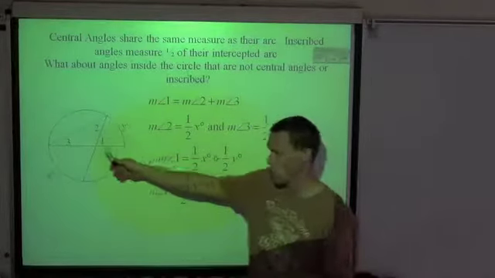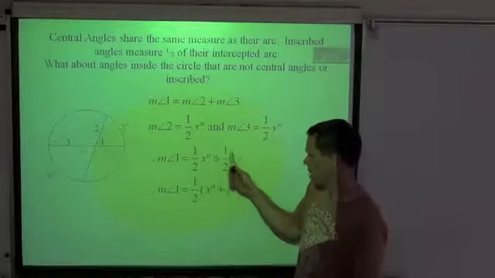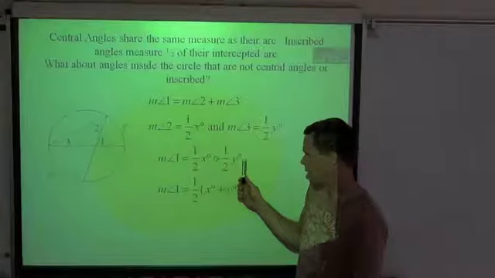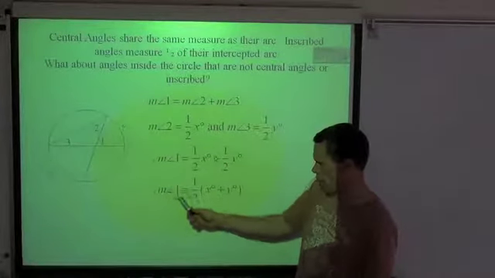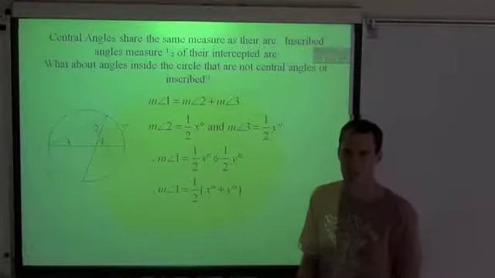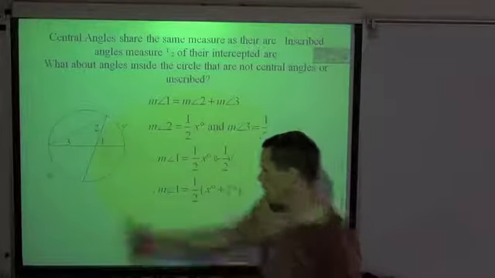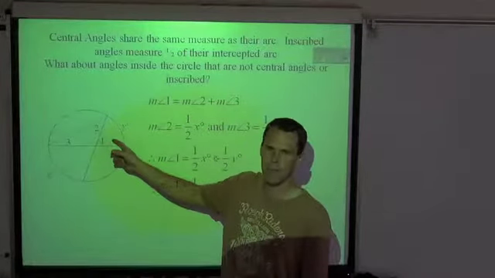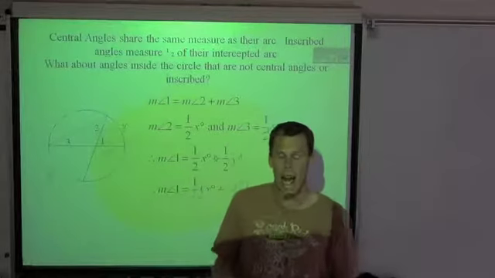Angle 1, the one we're looking for, is equal to 1/2 of X plus 1/2 of Y. If we factor out the 1/2, we get the measure of angle 1 equals 1/2 of X plus Y. Now, interestingly, this is actually just saying that angle 1 is equal to the average between X and Y. Add them up, divide by 2. It's an average.